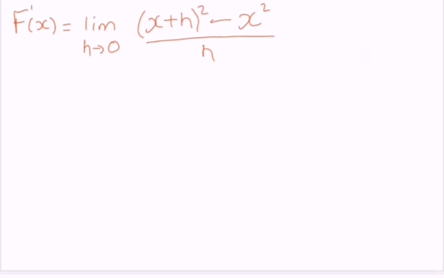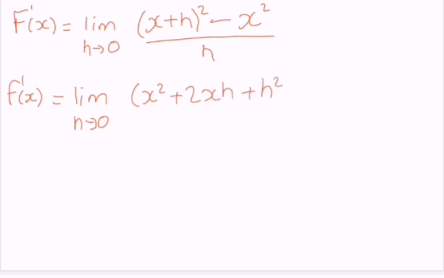Then we go and simplify this. We will just solve this. This is just a difference of two squares. Then it will be x squared plus 2xh plus h squared minus x squared.